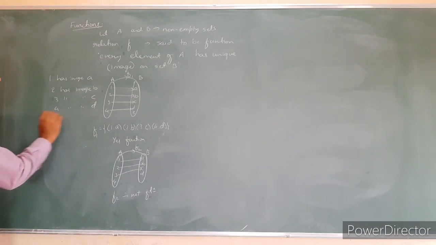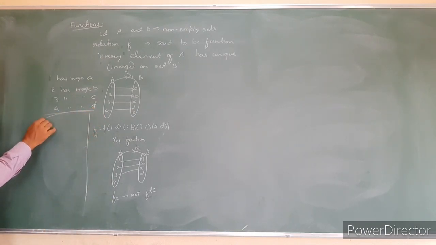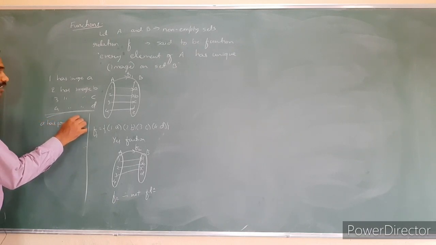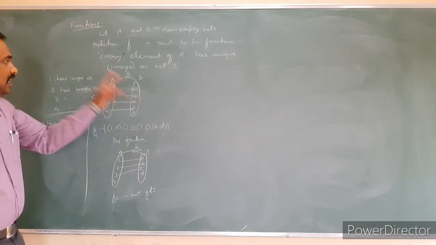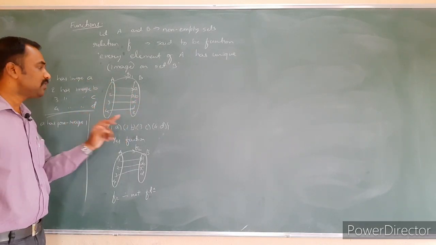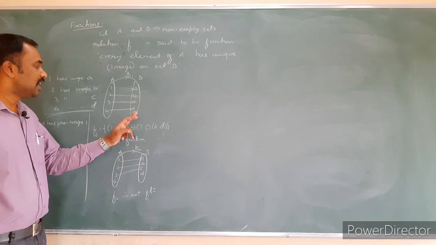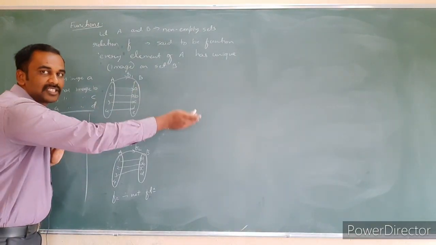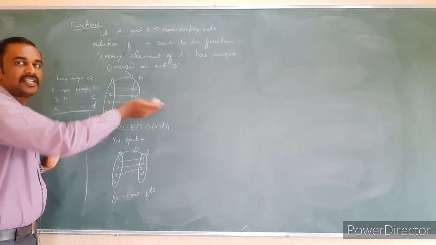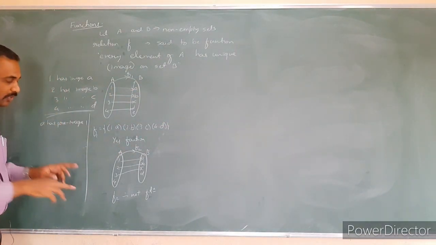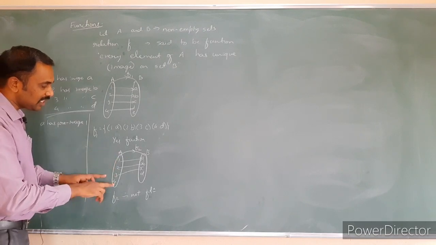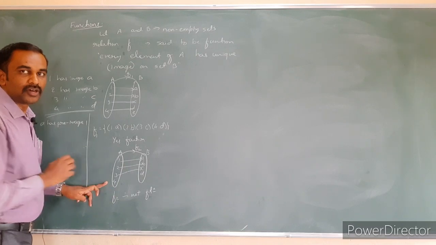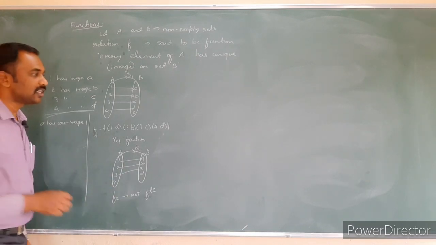The reverse way is that a has the pre-image 1, b has the pre-image 2, c has the pre-image 3 and d has the pre-image 4. Images go from the left side to the right side; pre-images go from the right side to the left side. Are you clear about this one? So every element of the set A must have a unique image on the set B, but here element 4 does not have any image, therefore F2 is not a function.